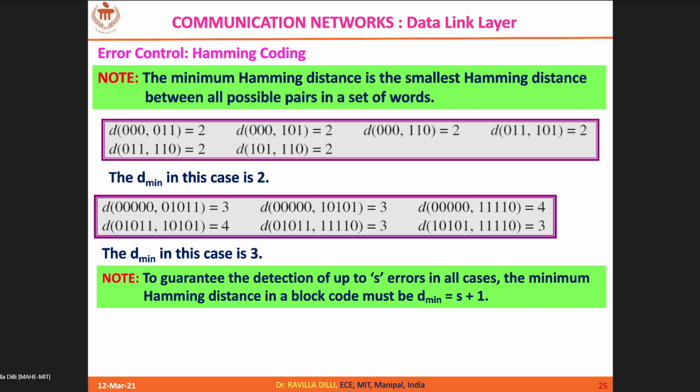For example, if the minimum Hamming distance is 3, then I can detect at most 2 errors. That is the meaning of defining this minimum Hamming distance. So the number of errors that you can detect is minimum Hamming distance minus 1.